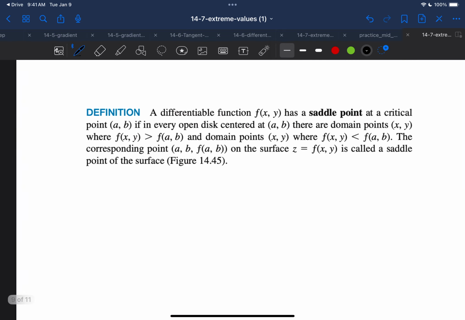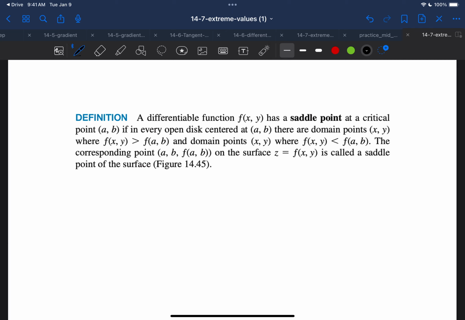So now we're going to define this situation we had before. There's a critical point which is not a local maximum or local minimum, and this is likely to be a saddle point. A differentiable function f(x,y) has a saddle point at a critical point (a,b) if in every open disk centered at (a,b), there are domain points (x,y) where f(x,y) is greater than f(a,b), and domain points (x,y) where f(x,y) is less than f(a,b).